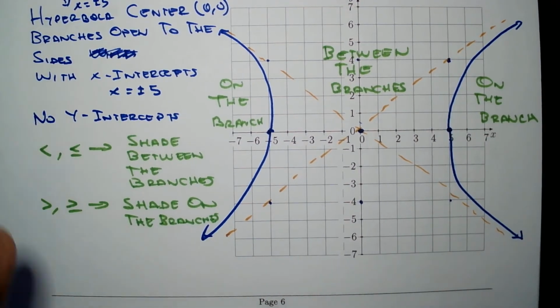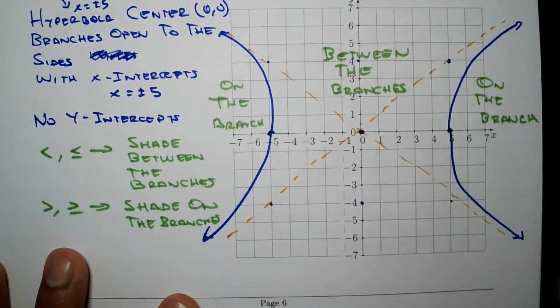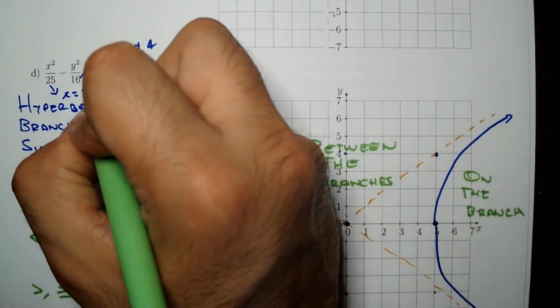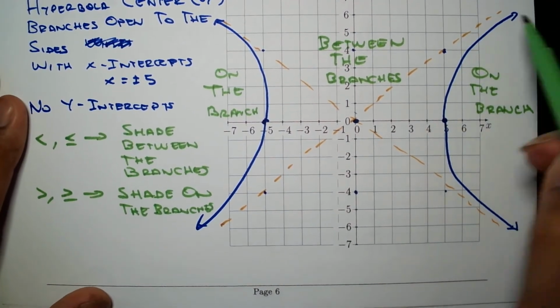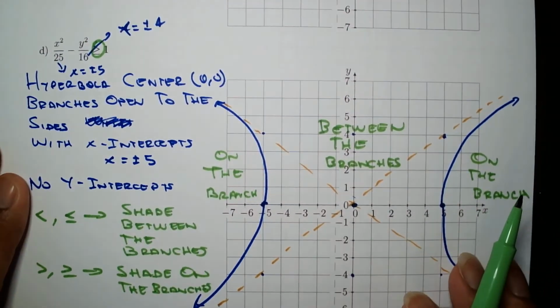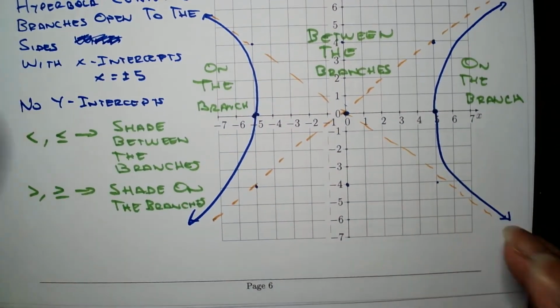Like in this case, we have the situation in which it's greater than or equal. And by the way, the reason why I did this solid is because it's greater than or equal, so it's a solid hyperbola.